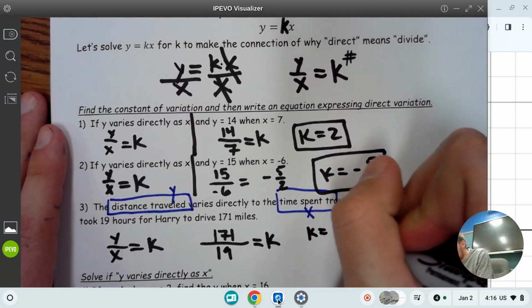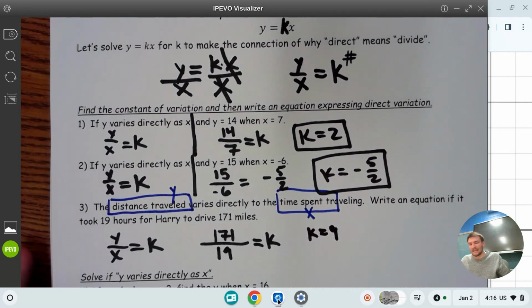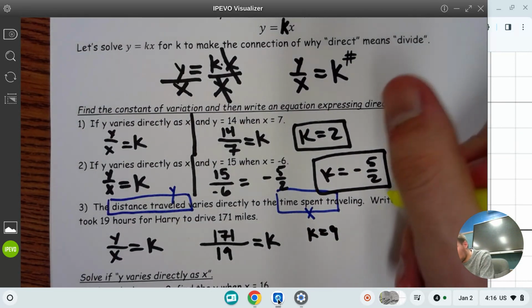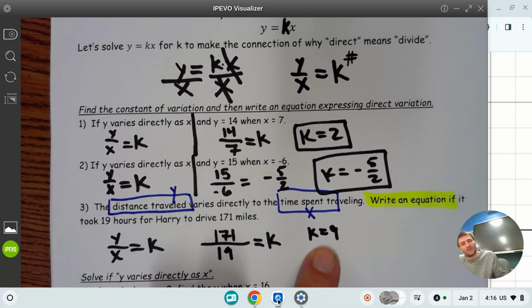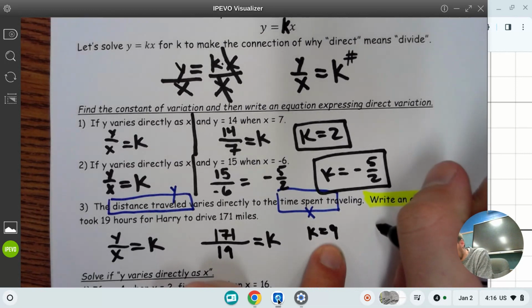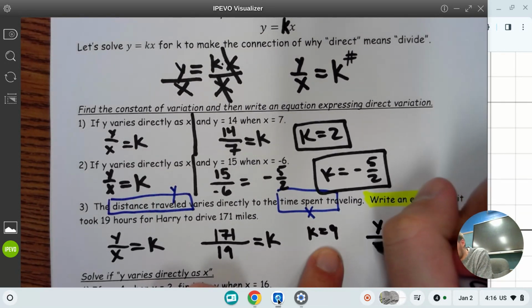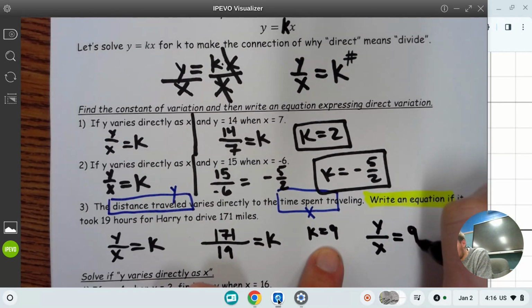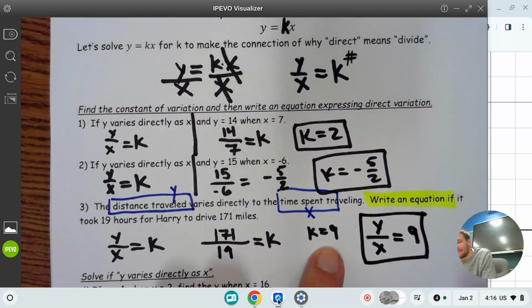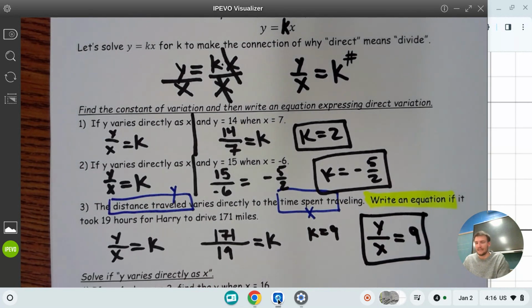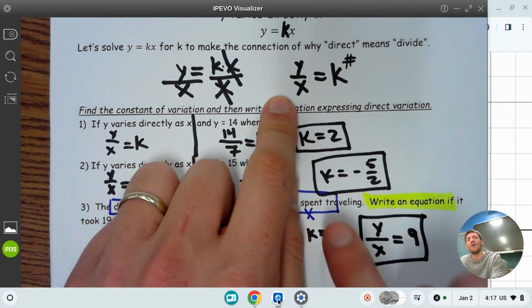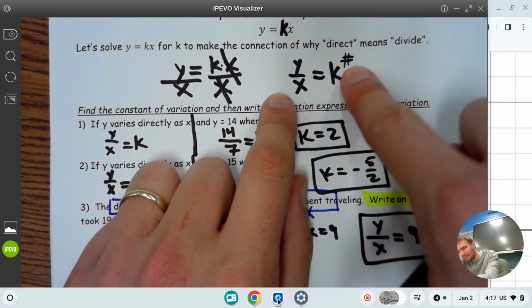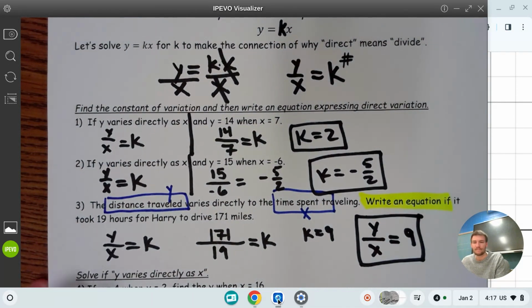K equals 9. Now this question does ask, write an equation. Writing an equation wants more than just the K. It wants y divided by x equals 9. That is the full equation. It's the full y divided by x equals k with the k number, which is 9.